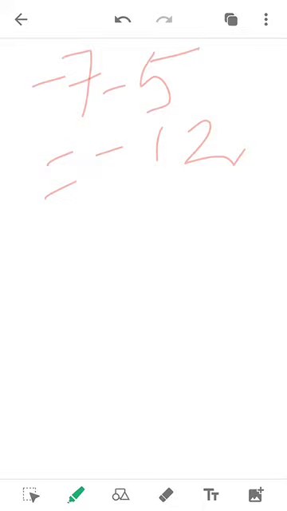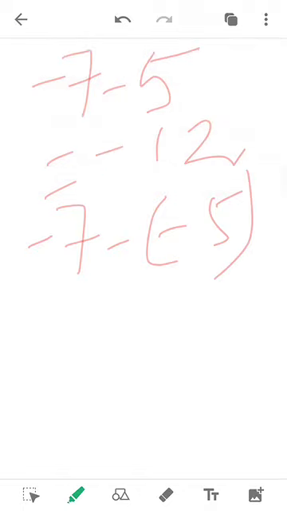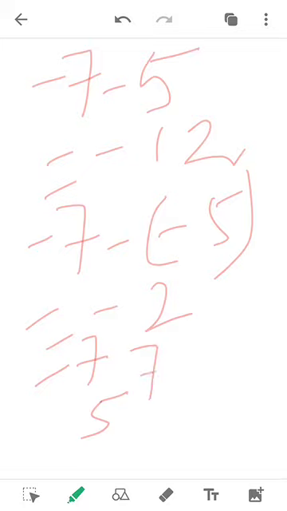If we write minus 7 minus minus 5, then we will get minus 2. Here one integer is minus 7 and another integer is 5. Then we can make the difference, minus 7 minus 5.